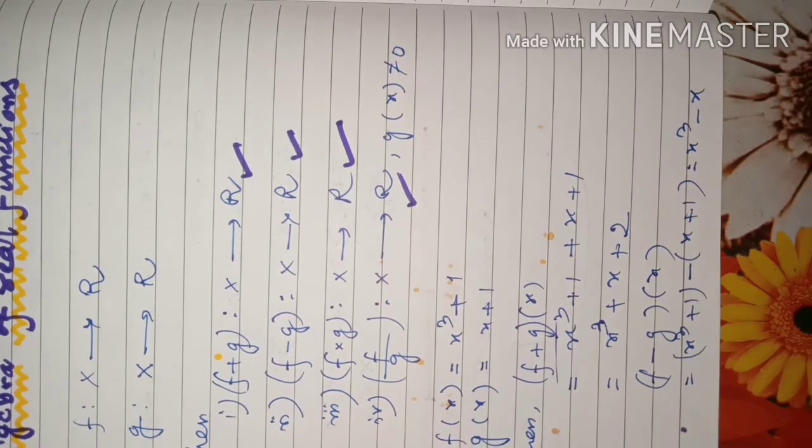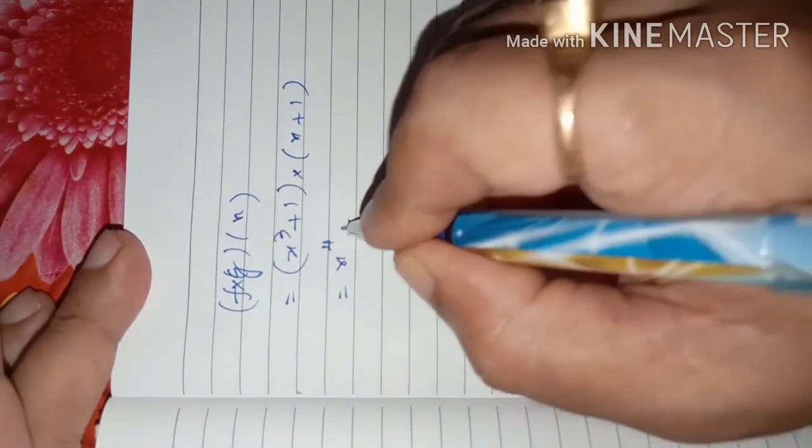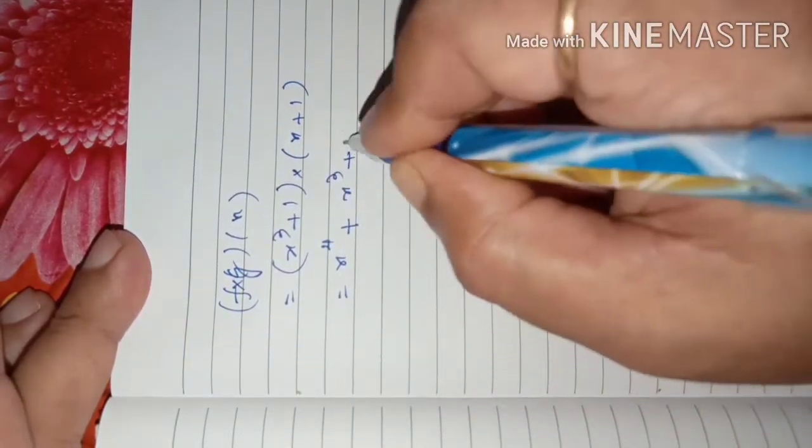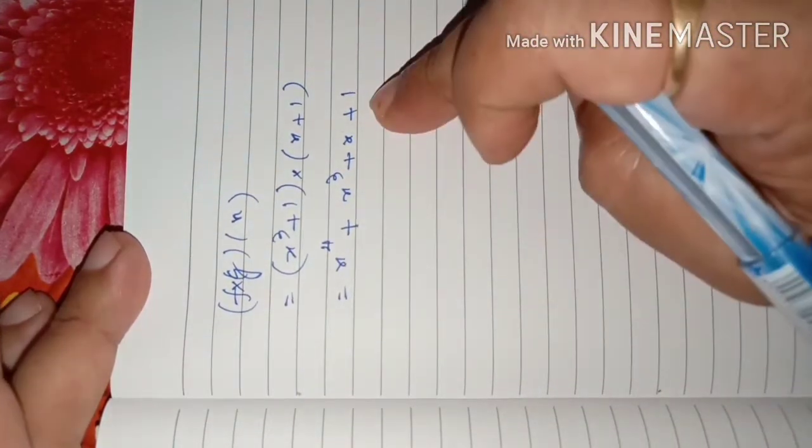If we say f into z function, f into z of x, actually what is it? X cube plus 1 you have to multiply with x plus 1. So what do you get? X to the power 4 plus x cube plus x plus 1. So this is the f into z function.